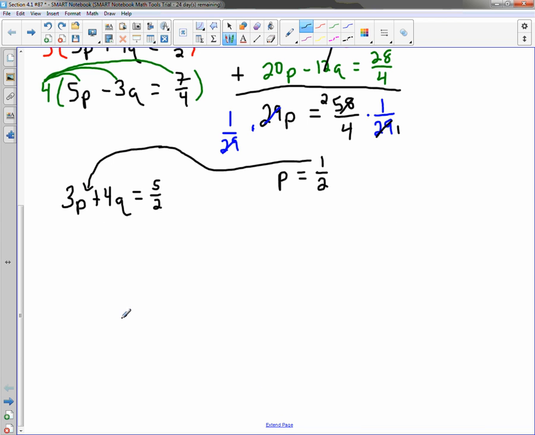Remember, if I'm going too fast, you can always pause and slow me down. So this is 3 times 1/2 plus 4q equals 5/2. This gives me 3 over 2 plus 4q equals 5/2.